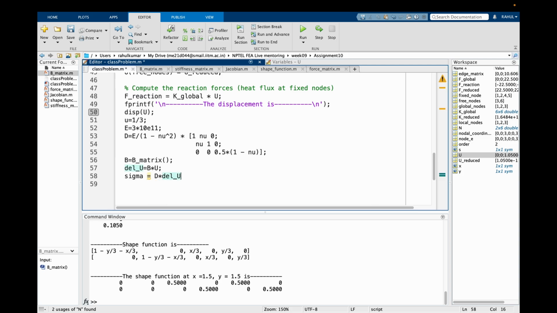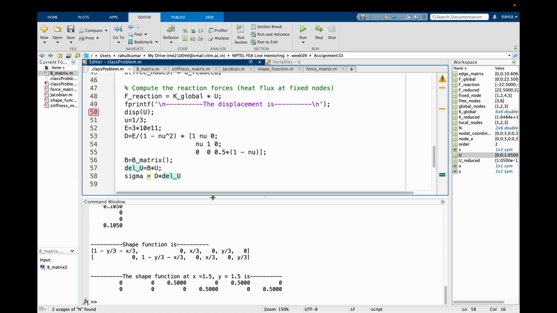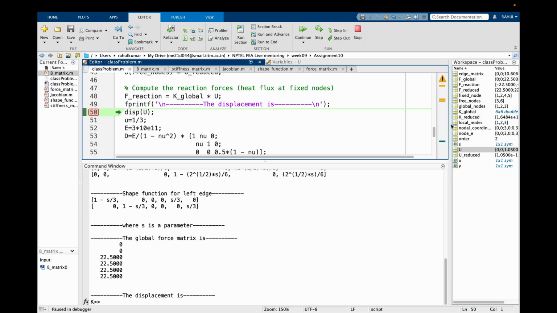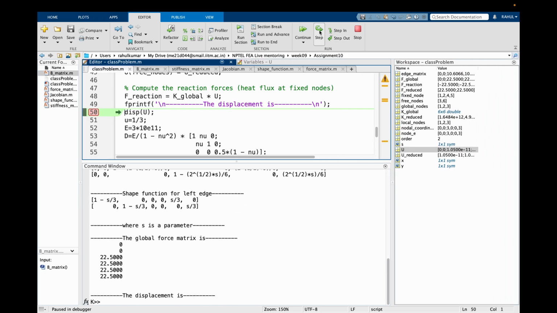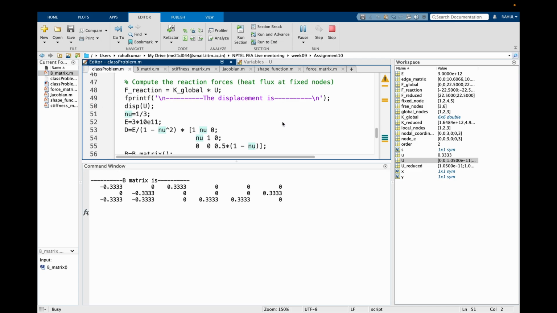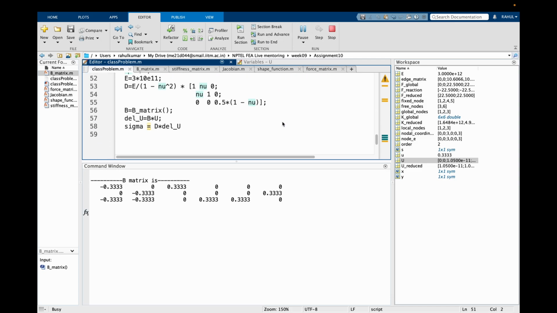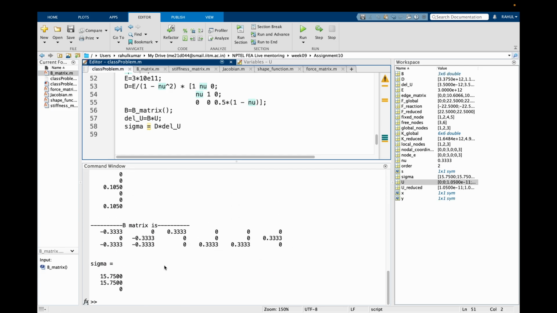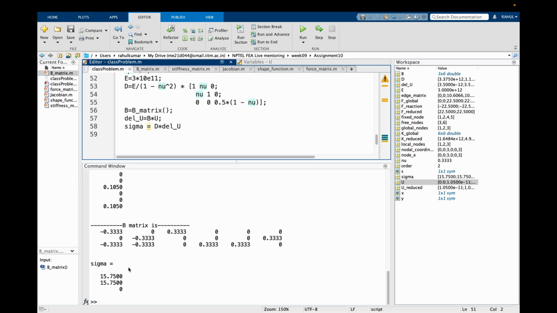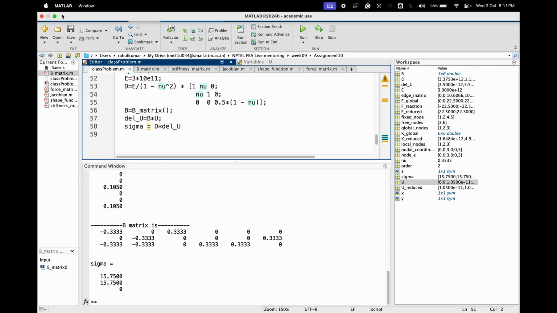Okay, so let's see the result. Here it should be nu. Okay, here we can see that at location 1.5 and 1.5 it is 15.75.